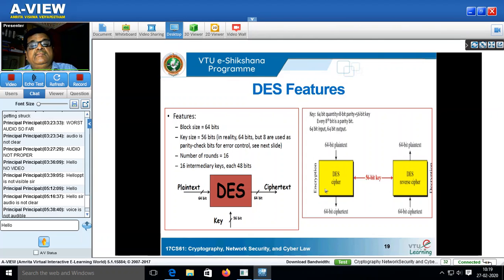For each round we have an input, and there is some transformation; from round 2 to round 3, another set of transformations. Like that, the message is transformed in a stepwise manner, and in 16 rounds we convert the plain text into the final text.